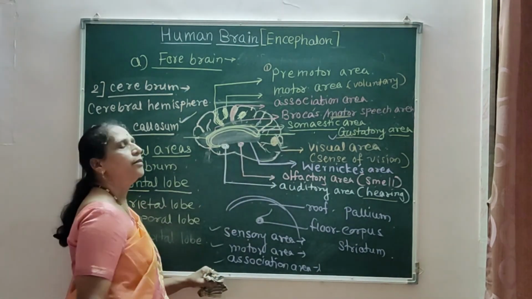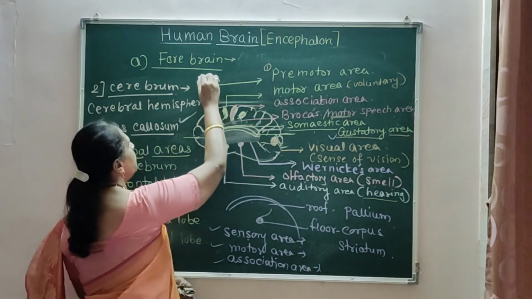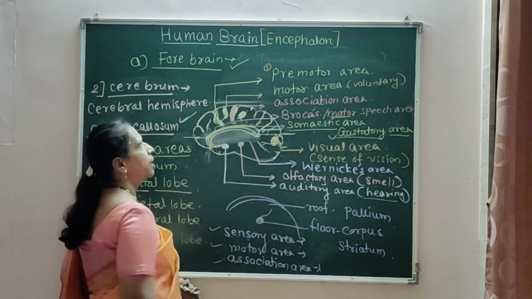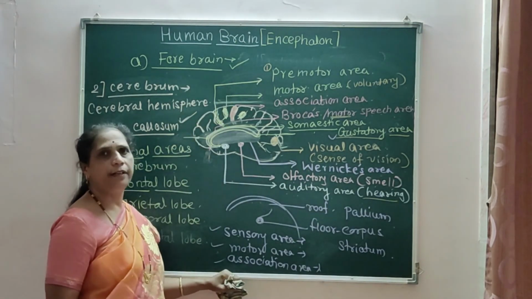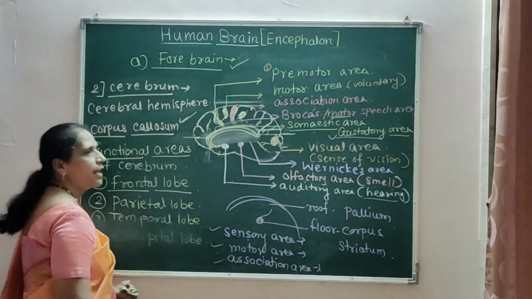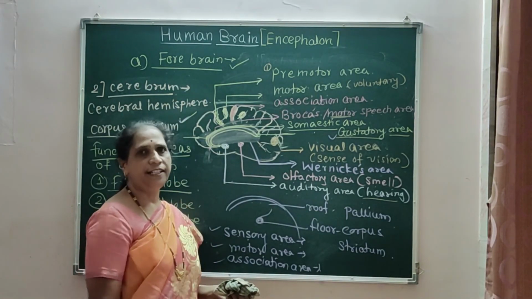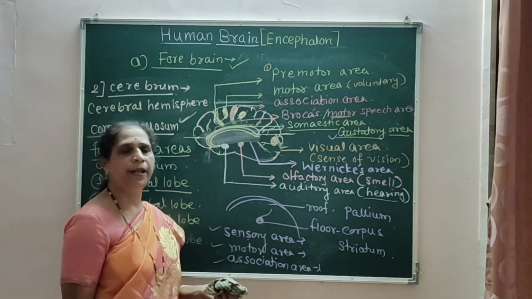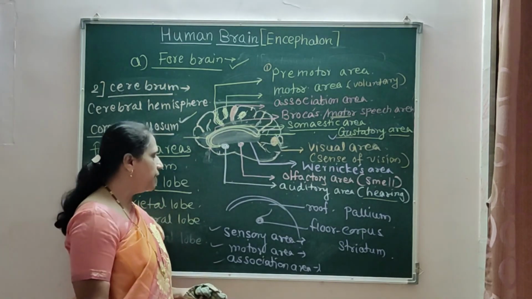So this is all about the cerebrum. The cerebrum is a major part of the forebrain of the human brain. The forebrain consists of first the olfactory lobes, second the cerebrum, and third the diencephalon, which is also a major part of the brain and which we will study in the next lecture.